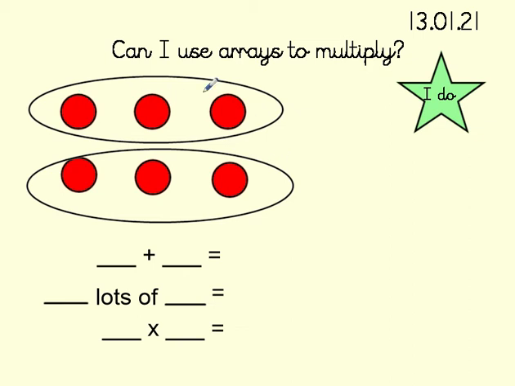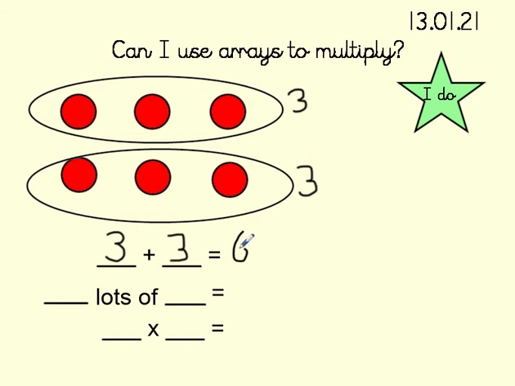In this group I've got 3, and in this group I've got 3. So I could work this out as 3 add 3, and I know that equals 4, 5, 6.